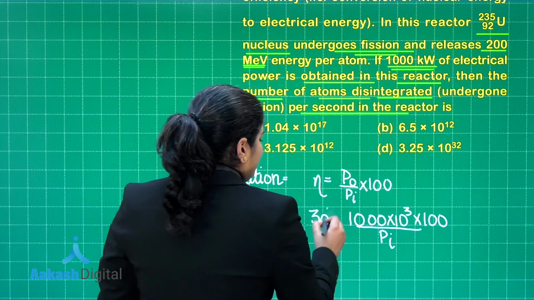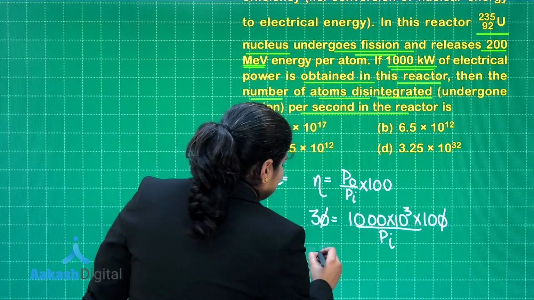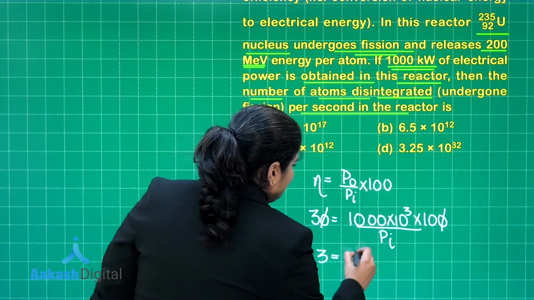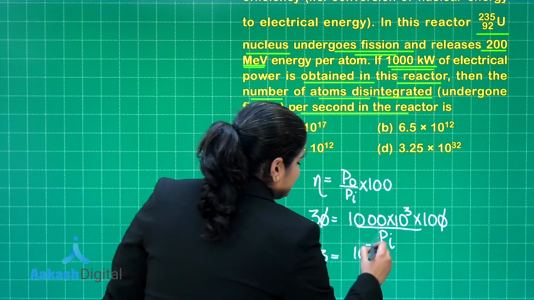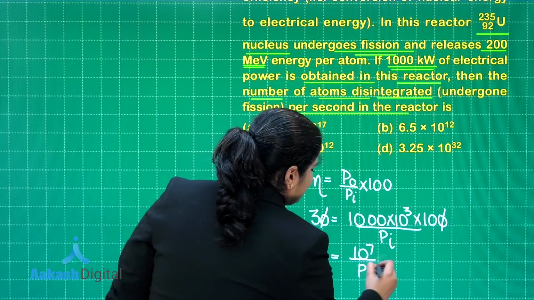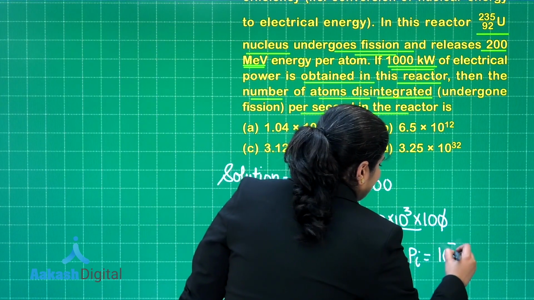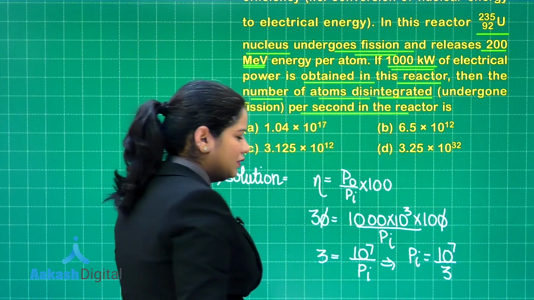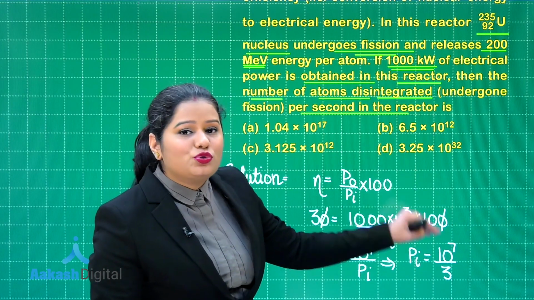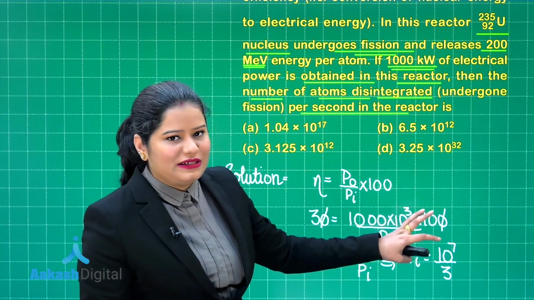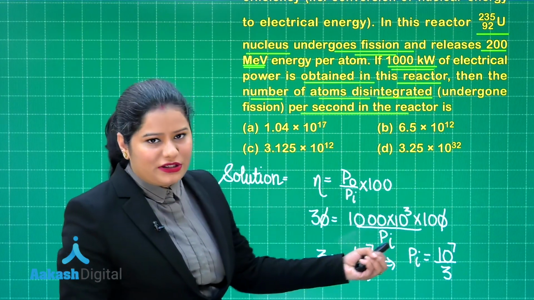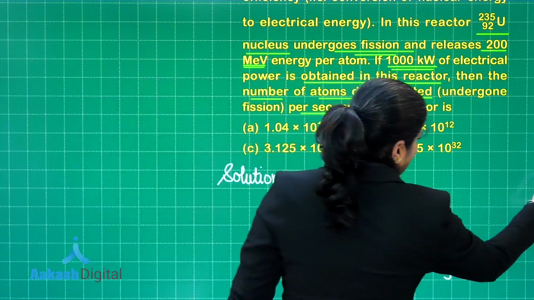From here, what I can get is 3 is equal to 10 raised to the power 7 by P input, and P input can be written as 10 raised to the power 7 by 3. So this much joule of energy per second is the input energy. So this is the P input.